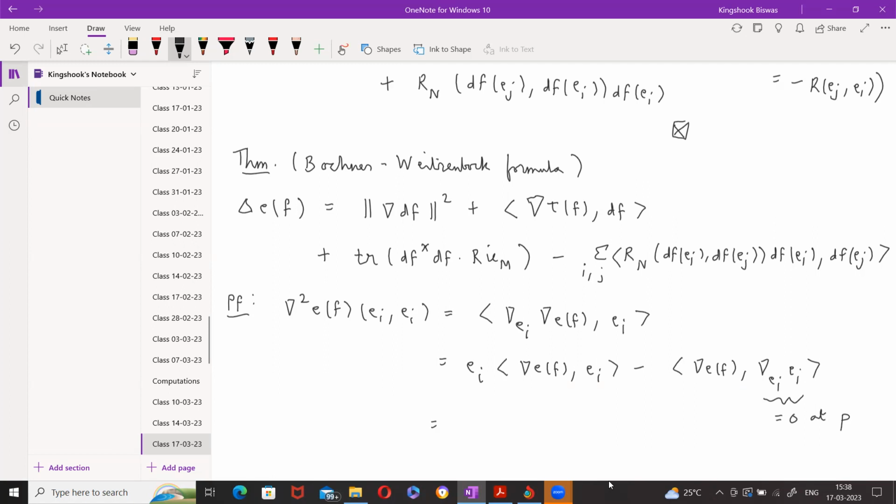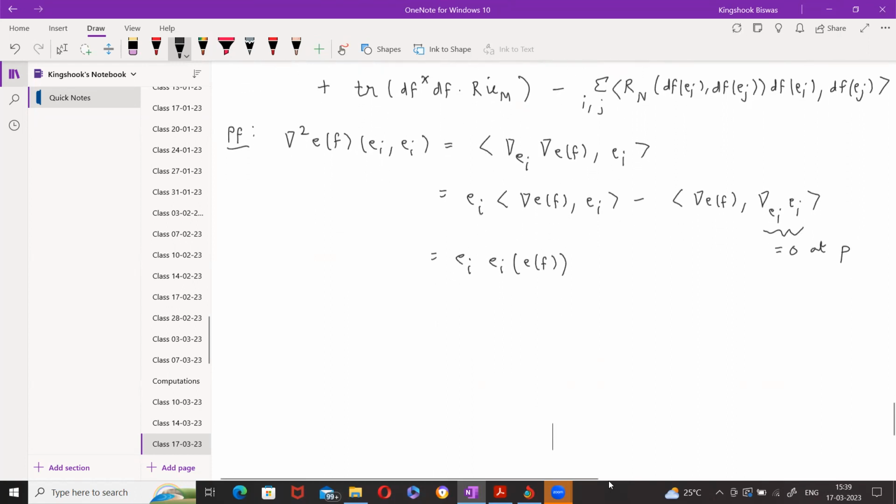So what is the inner product of the gradient of e(f) with e_i? By definition, that is e_i acting on the energy density, right? This is the derivative of the energy density acting on e_i.